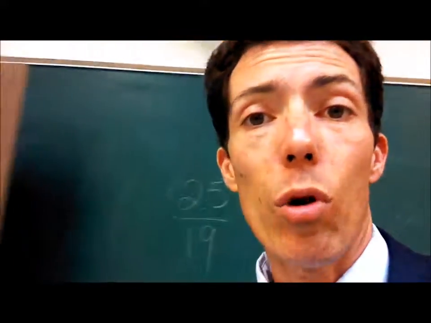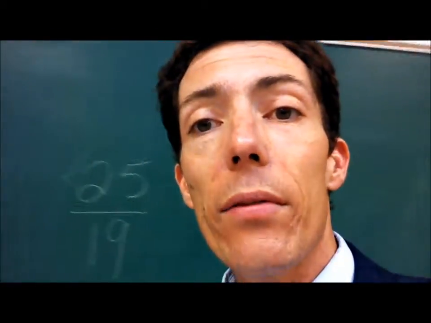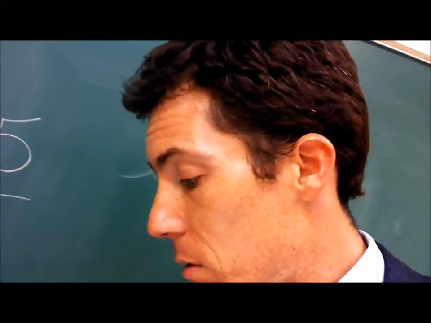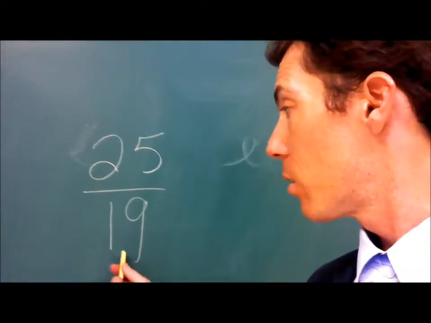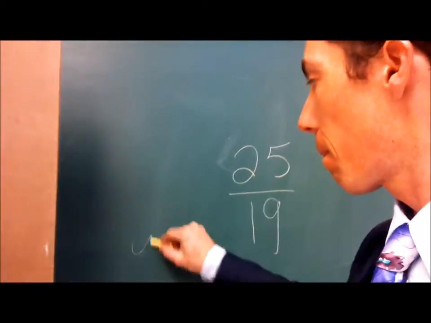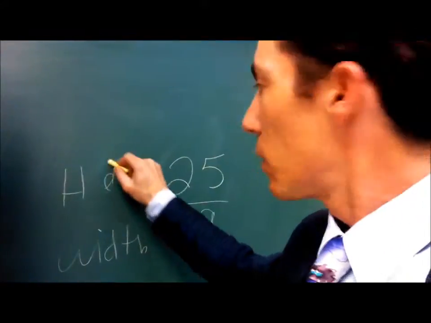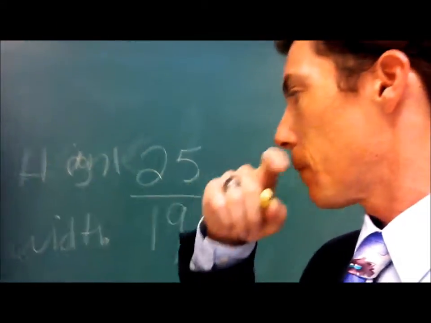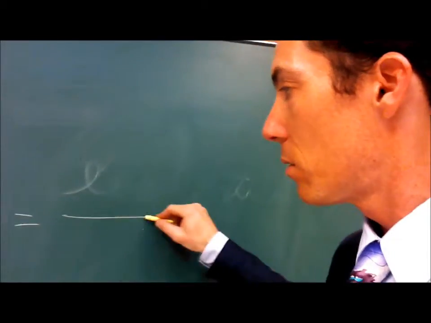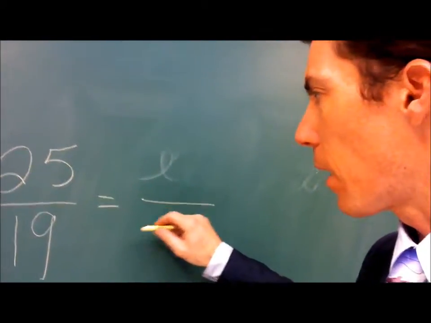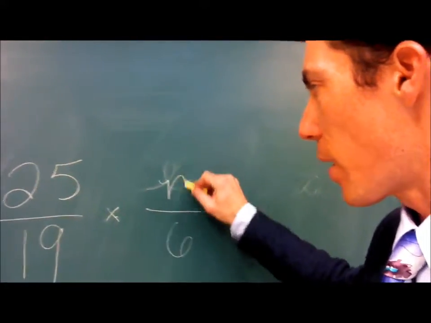In my card, I know the width of my photograph is 6 inches wide. Remember, the bottom number is my width. I'll put height on top, width on the bottom. So this is 6, and this is my variable.